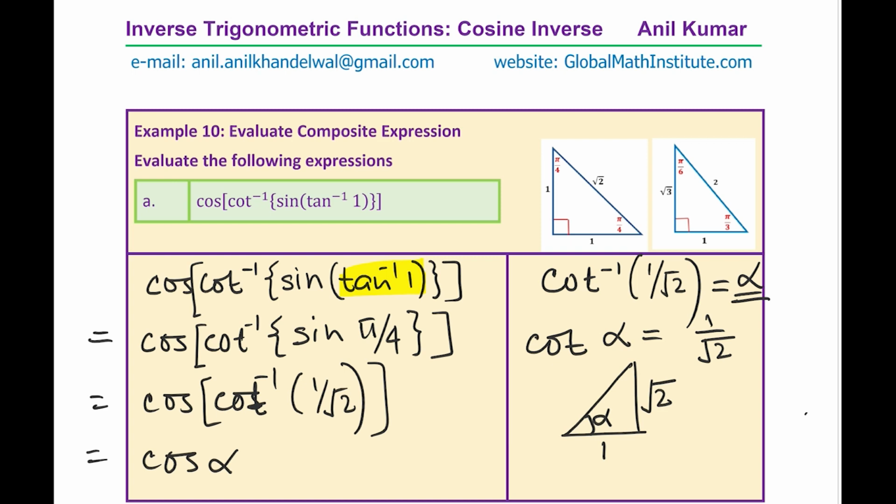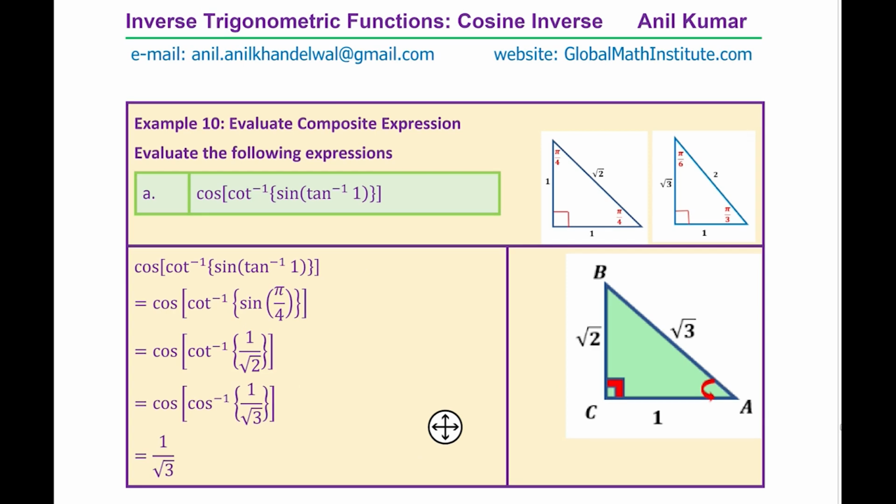It will be the square root of square root 2 squared plus 1 squared, which is square root 3. So cos of alpha is 1 over square root 3. Does it make sense? That is how we are going to solve this particular question.